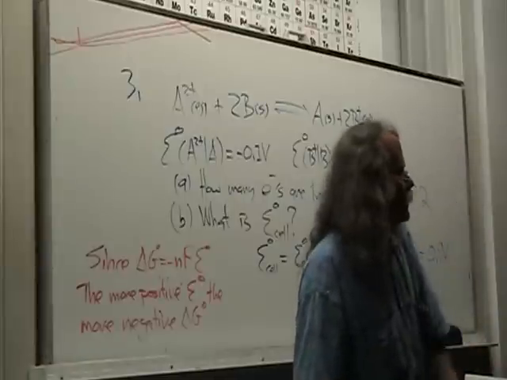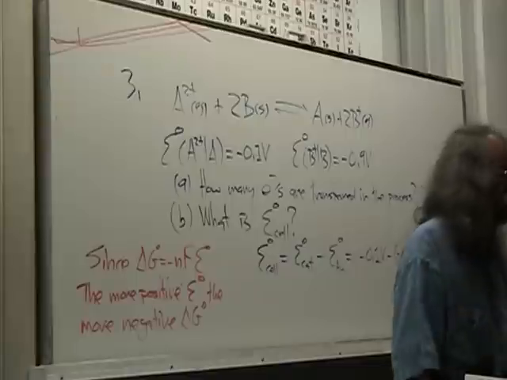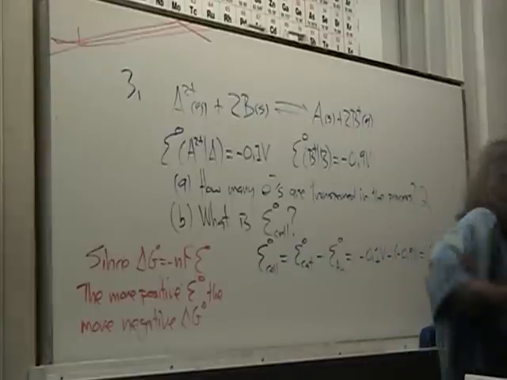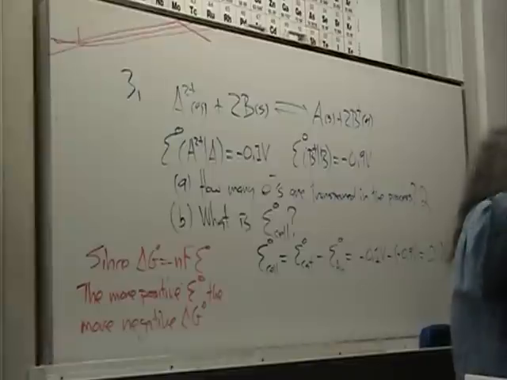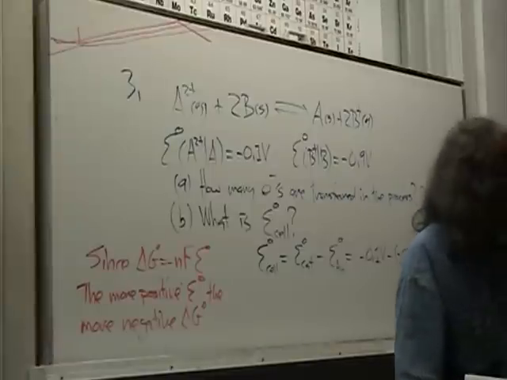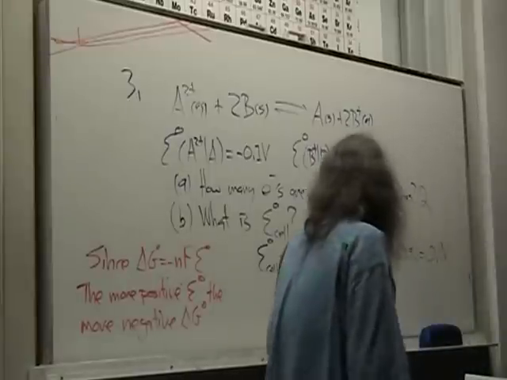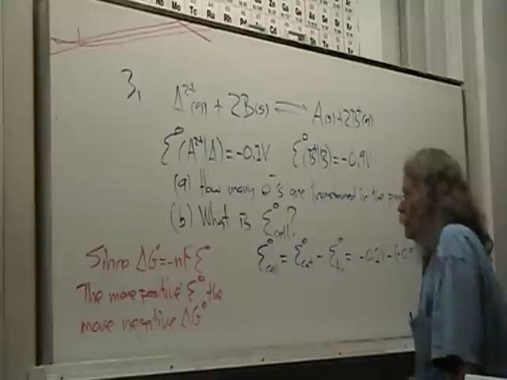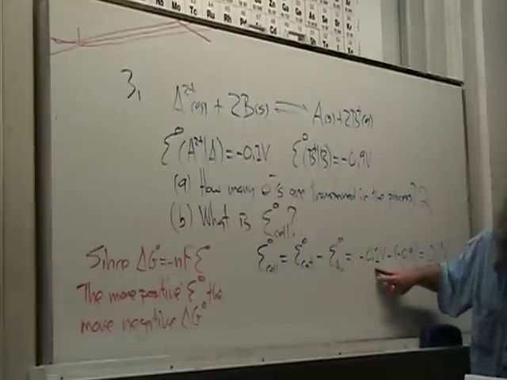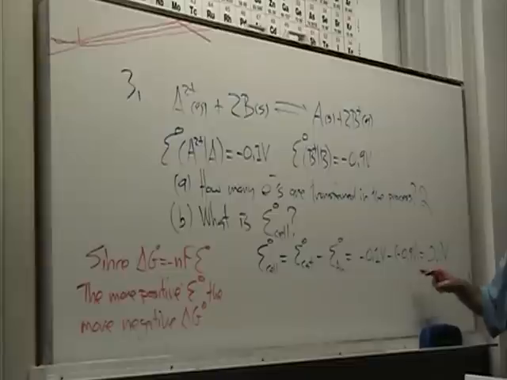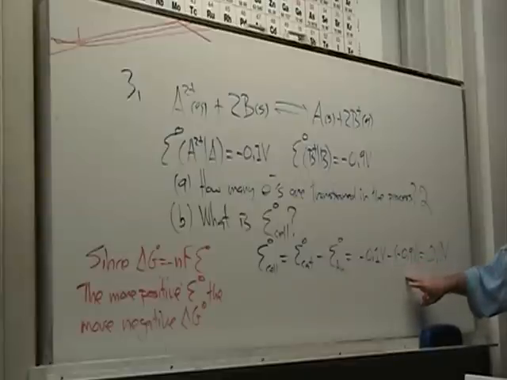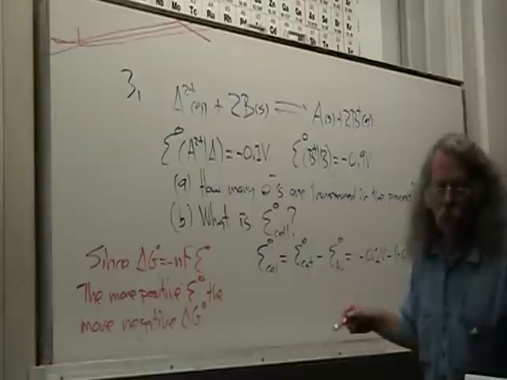So the oxidized form of that couple will be reduced, gaining electrons from the reduced form of the couple with the smaller reduction potential. The cathode is the one with the most positive reduction potential. In this case both were negative, but this one is less negative than that one. So this became the cathode, and the other we reversed, which is why we subtracted. That's the cathode and that's the anode.